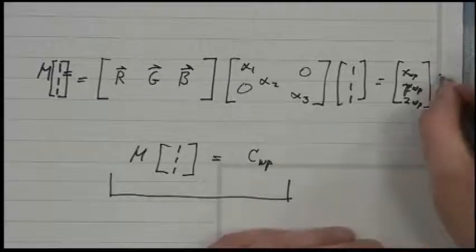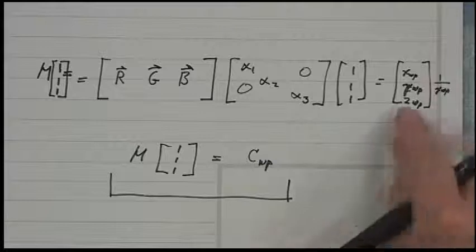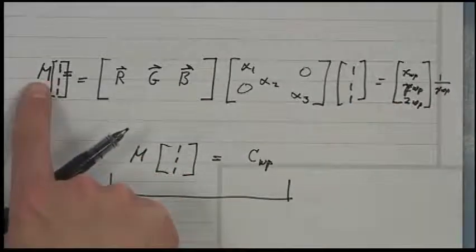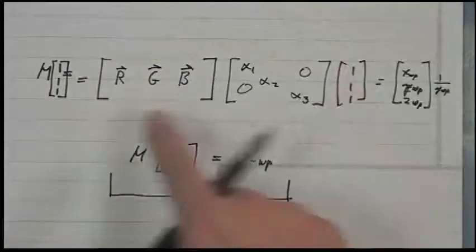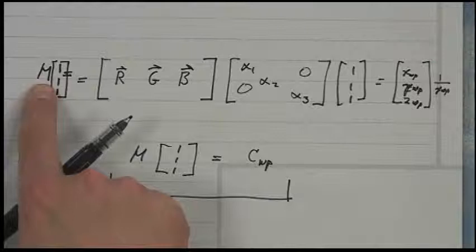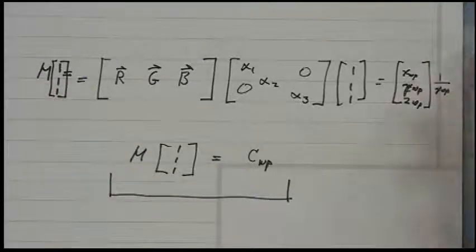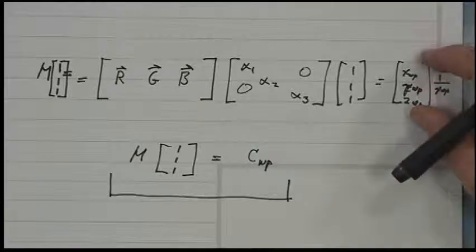But in practice what I do is I divide by little y white point, so that the transformation has the property that when I put 1, 1, 1 in, the y value that comes out is 1. It's just a matter of convention because I have to do something. Okay, so there's an unknown scale factor here.